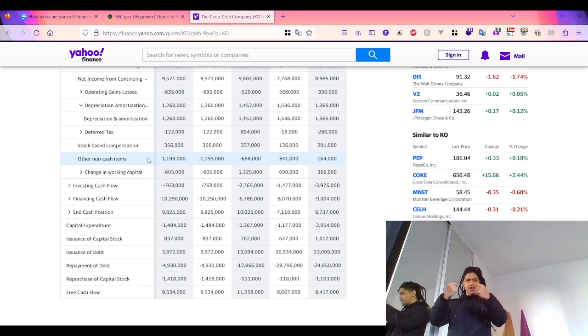And when it comes to financing activities, it involves the company's long-term liabilities, long-term obligations, and equity ownership.